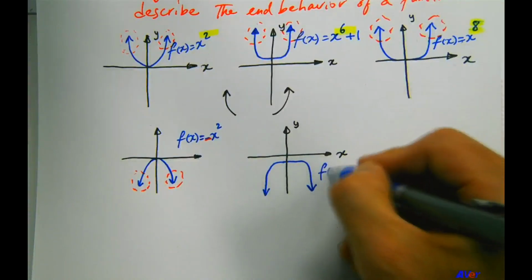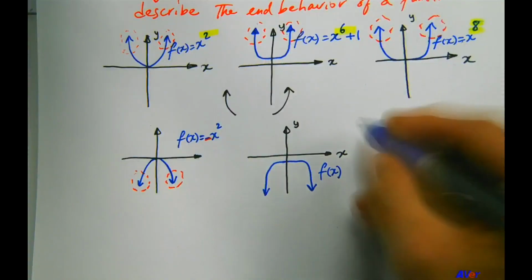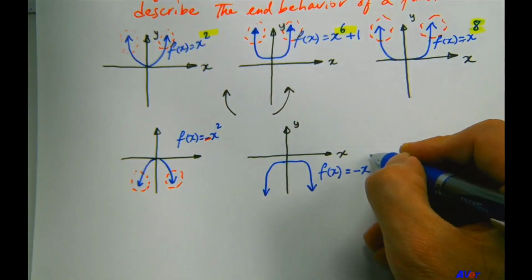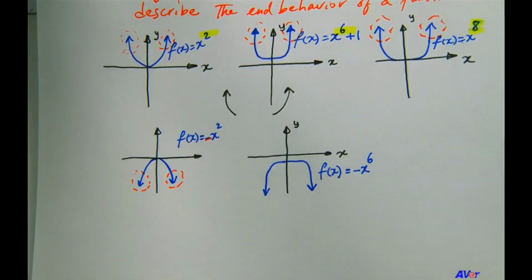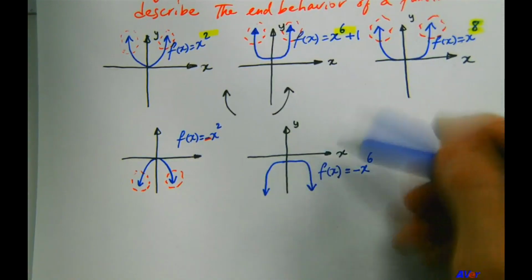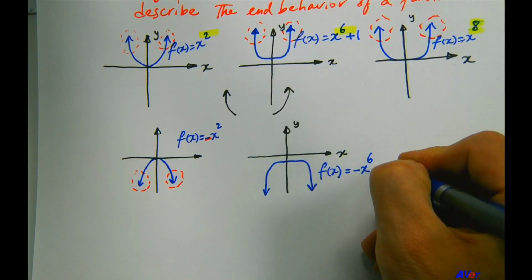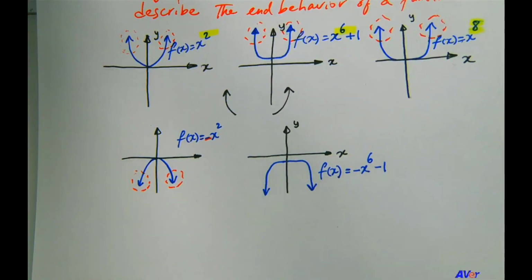And this would be f of x equals minus x to the sixth, and then we want to move down, so it'll be, let's say, minus 1. Okay, it'll be minus 1, not plus 1.